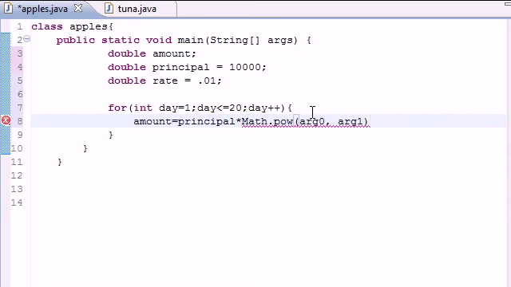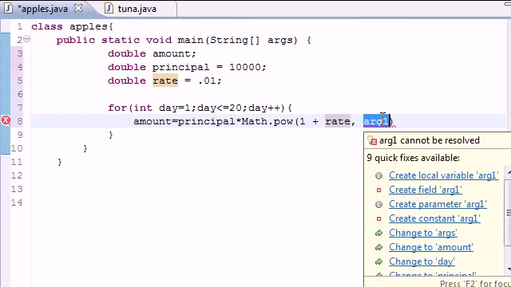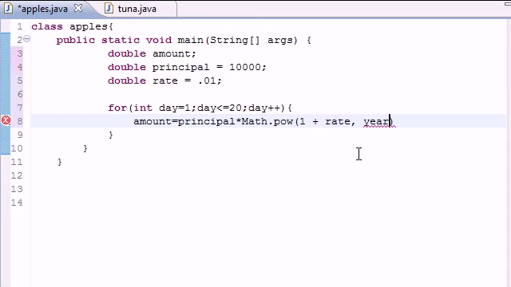The first is 1 plus rate, and for the exponent, day. So amount equals principal, which is 10,000, times 1 plus 0.01 to the day, and that day is going to loop.